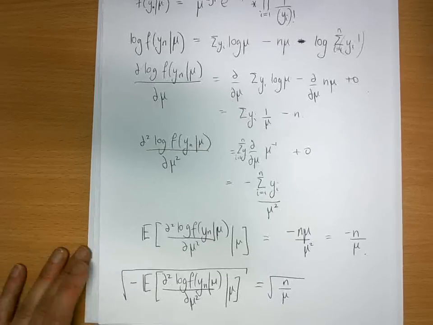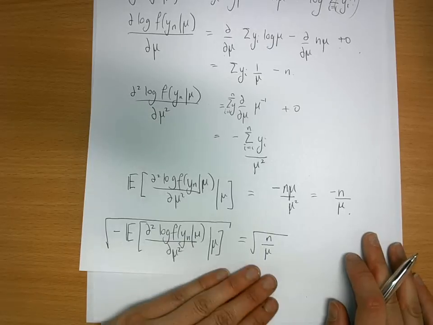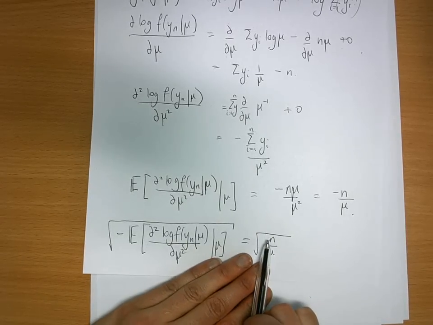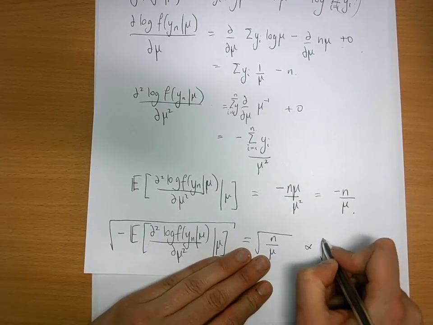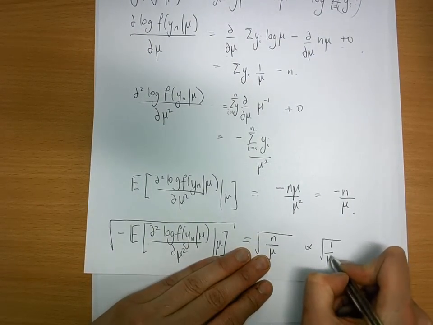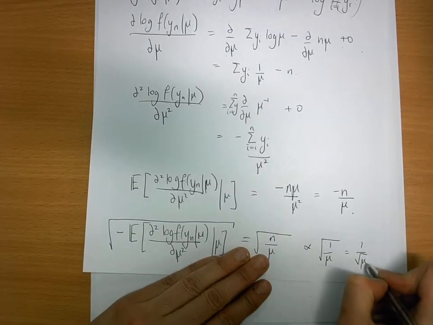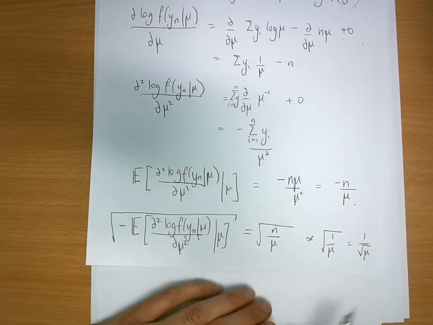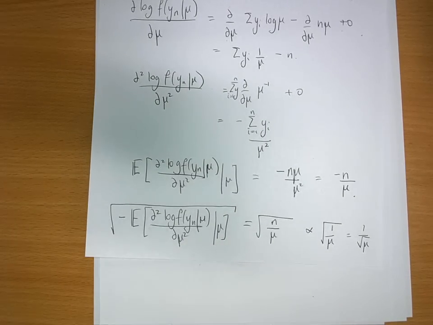And you only care about this up to proportionality. N is a constant, so that's proportional to the square root of 1 over mu, which is equal to 1 over the square root of mu. And you are only ever concerned about Jeffrey's prior up to a constant of proportionality.